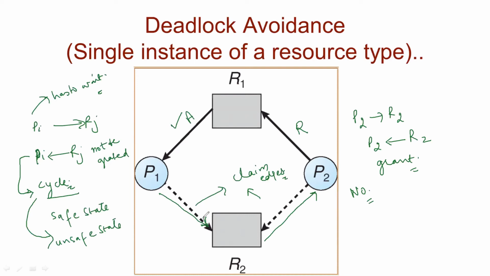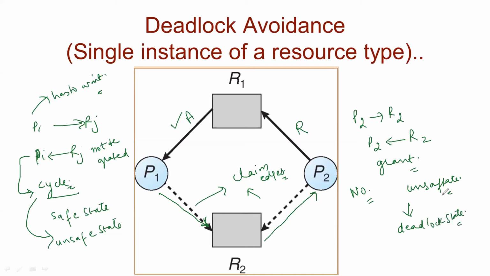This claim edge will convert into a request edge. Assigning R2 to P2 may put the system in an unsafe state, because once the resource is allocated to P2, as soon as P1 generates a request for R2, the system will go from unsafe state to deadlock state.